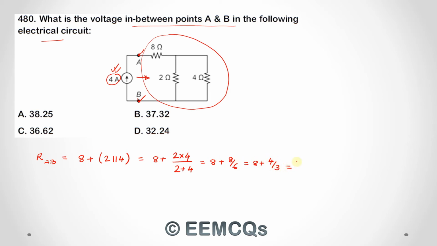This is equal to 28 by 3 ohm. So the voltage VAB will be equal to this current, which is 4 ampere, that is 4 into 28 by 3. This will give us 112 divided by 3, which is equal to 37.33. So here option B is the correct answer.